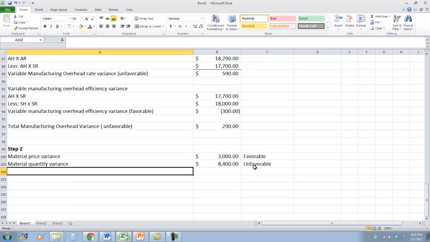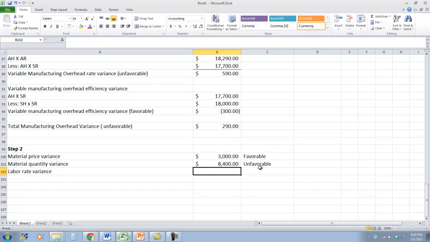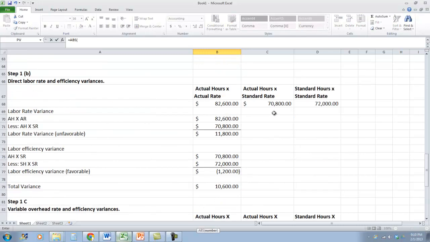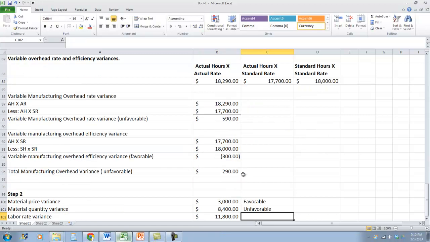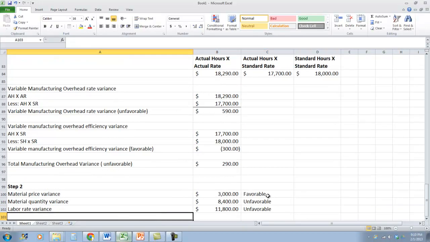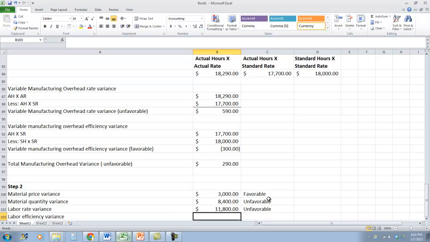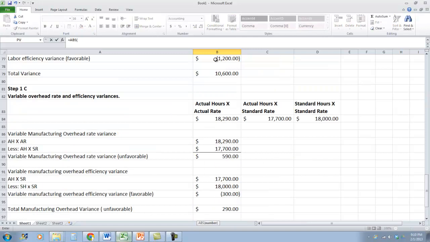Then we have labor rate variance. That just means absolute value. Labor rate variance, that is unfavorable. Then we have labor efficiency variance. All I'm doing is summing up the results of what we did. And that's favorable.